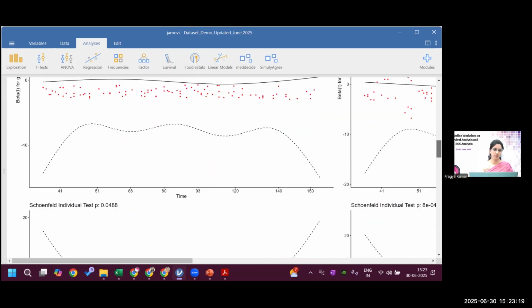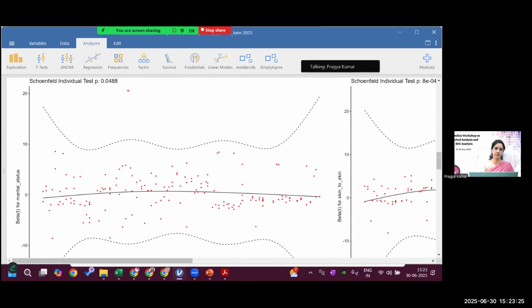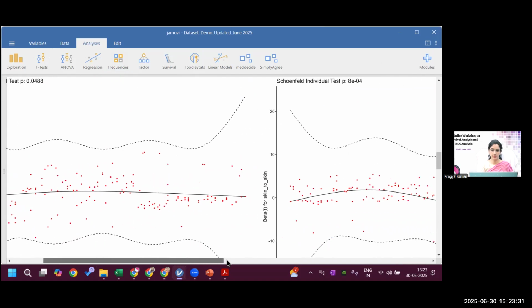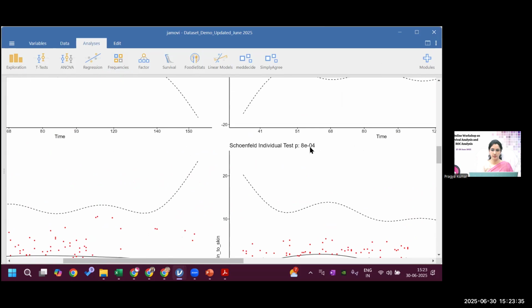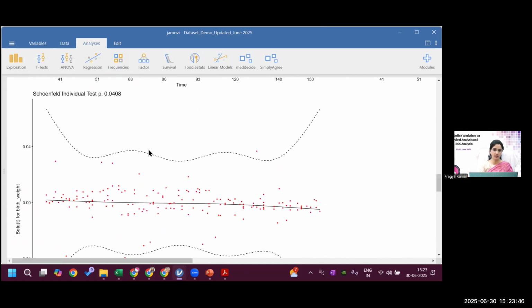Coming down, this is 0.04. So marital status, you can see, is not meeting the proportional hazard. Skin to skin contact is also not meeting the proportional hazard, and this is also 0.04.